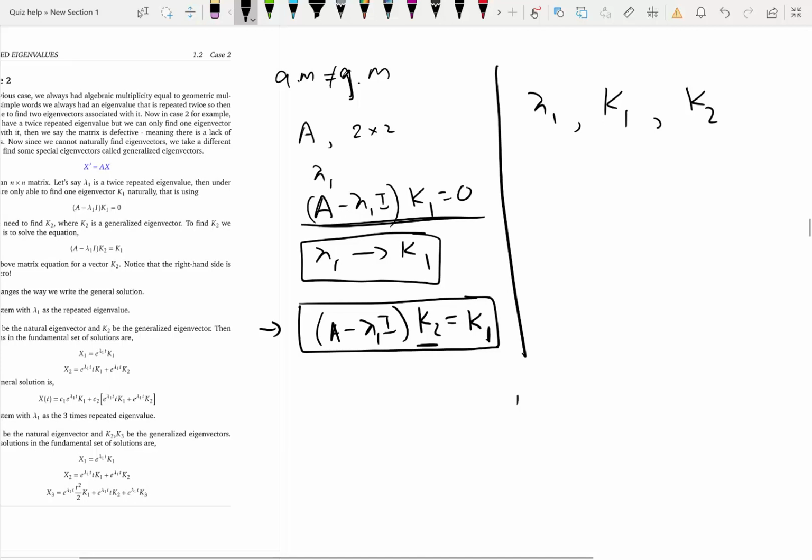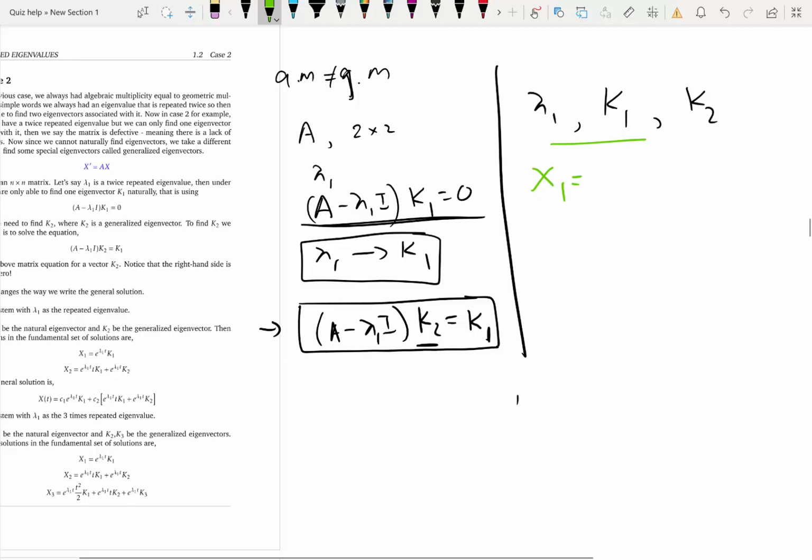Now the way you write the solution is you construct the fundamental set of solutions first, okay? Now here's how you do it. This is a 2 by 2 system. So how many solutions do you need in the fundamental set? 2, right? Namely x1 and x2. Construct x1 by using the natural eigenvector.